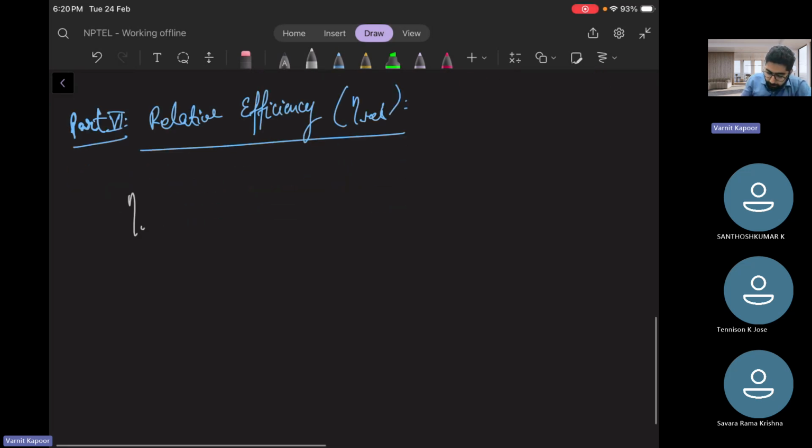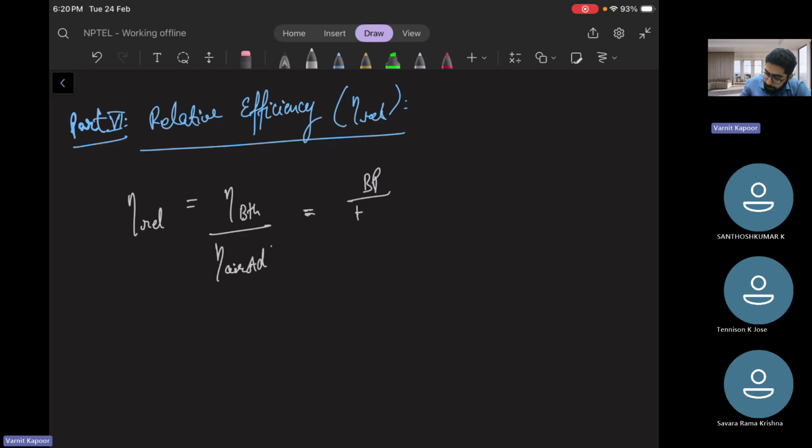Eta relative is nothing but brake thermal efficiency to that of air standard efficiency. Brake thermal efficiency, we studied in the last tutorial, is brake power to that of heat radiated per second.